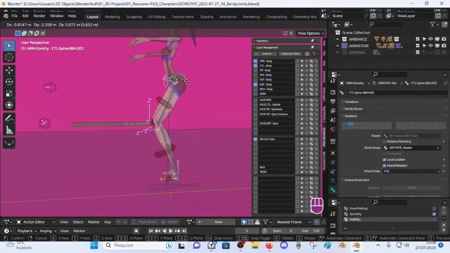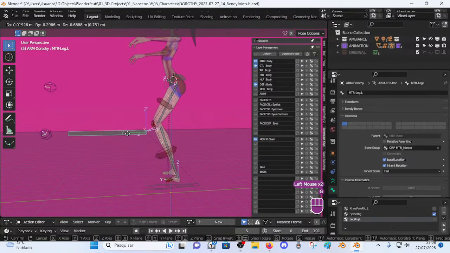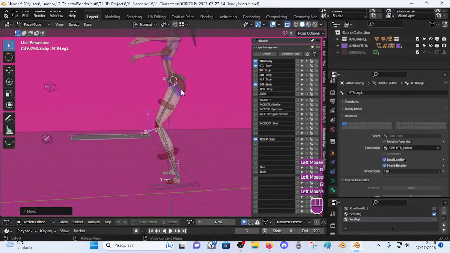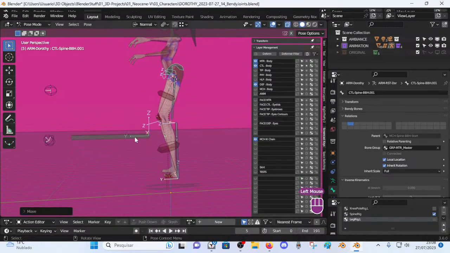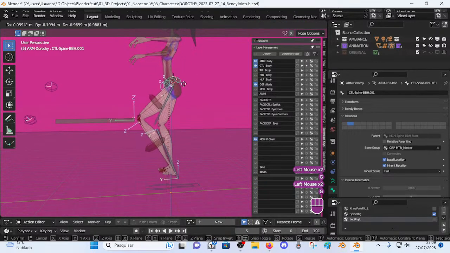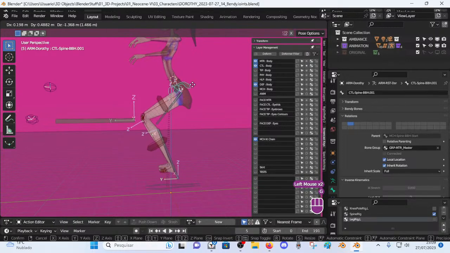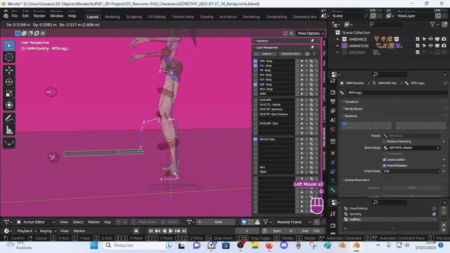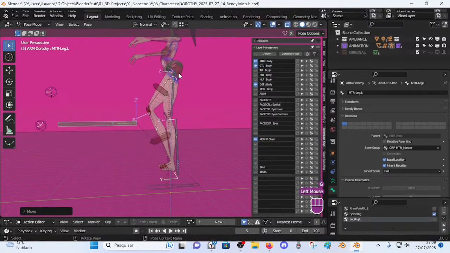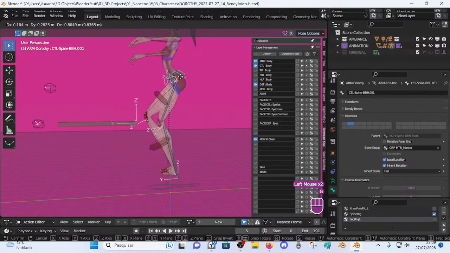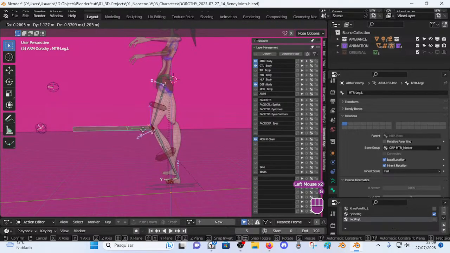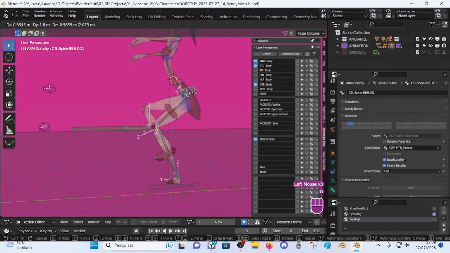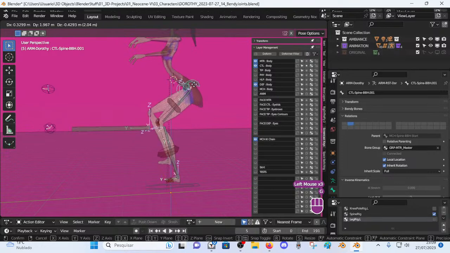But as soon as I, of course, if the foot is not touching the ground, first of all, it doesn't. It's difficult to understand, but yeah.